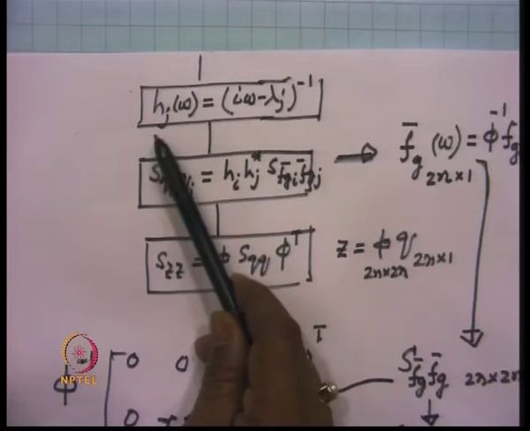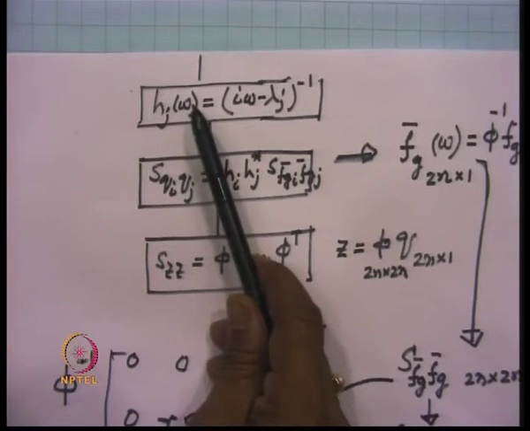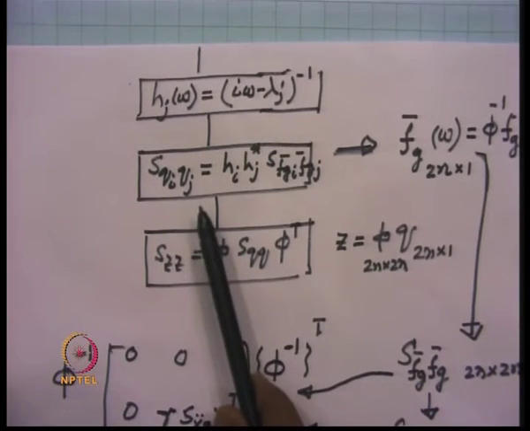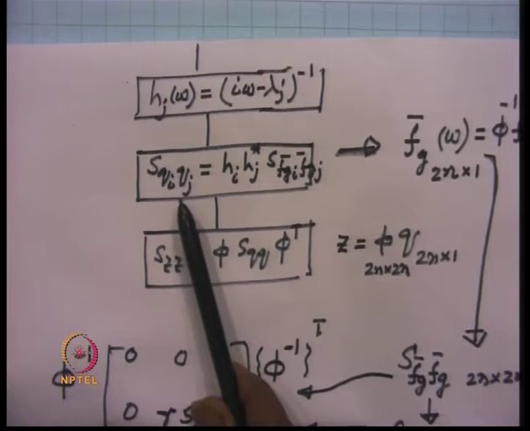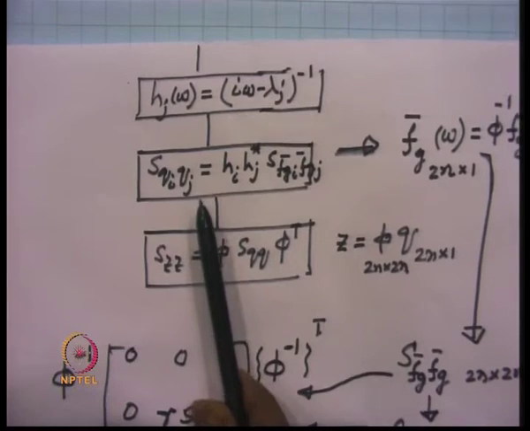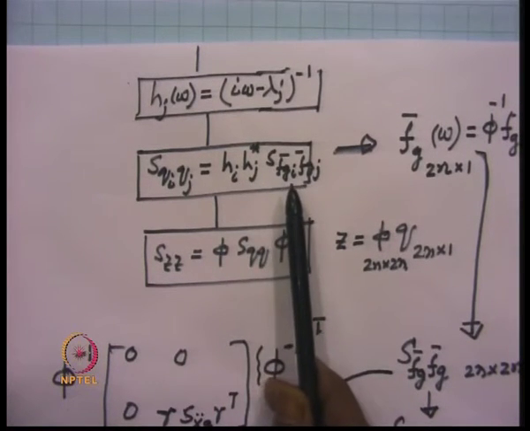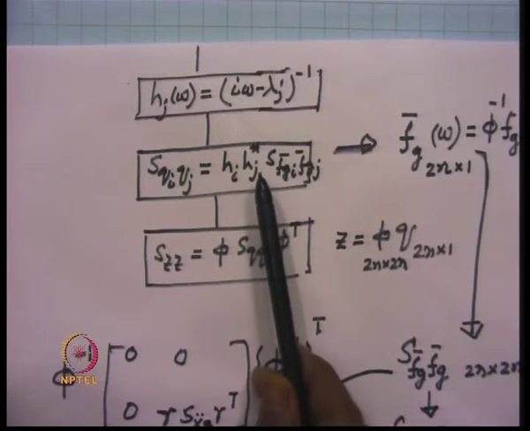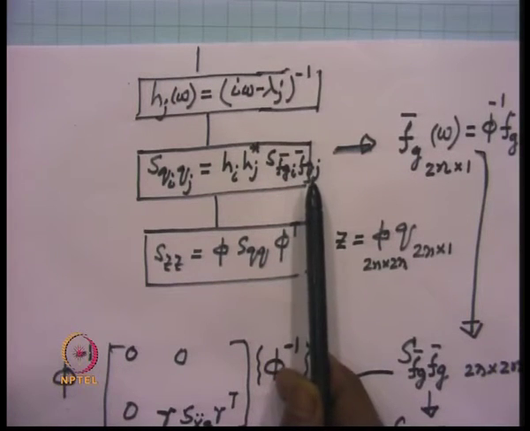So, once we obtain this complex frequency response function for the jth mode, then SQyQj, that is the cross power spectral density function between any two generalized coordinate, can be written in this particular fashion, that is Hi into Hj star and S f bar Gi f bar Gj.